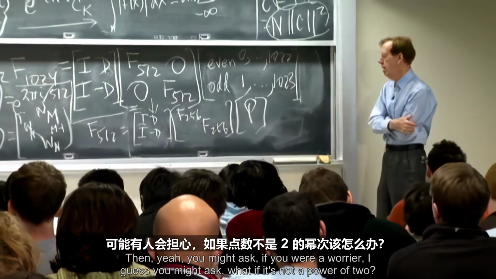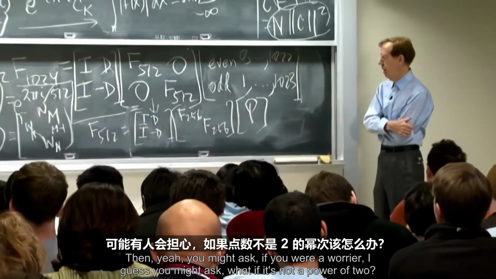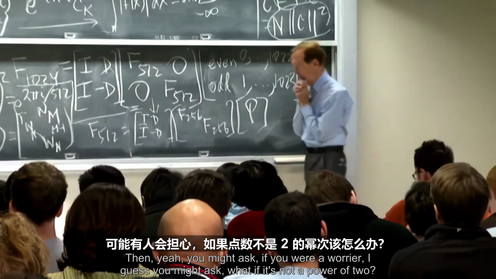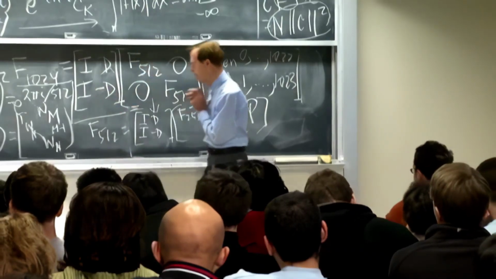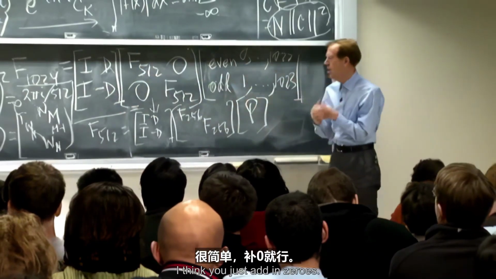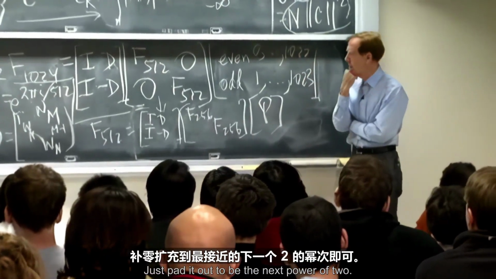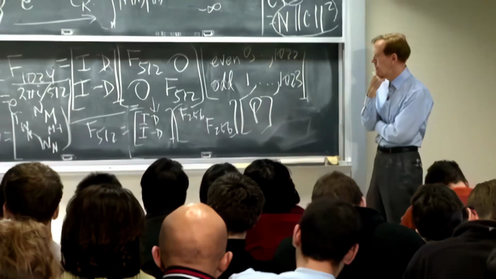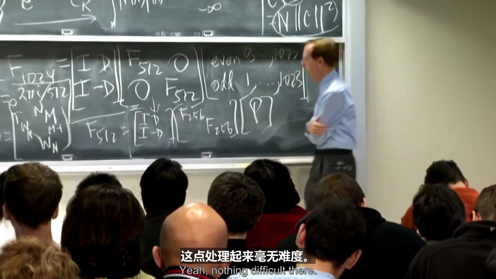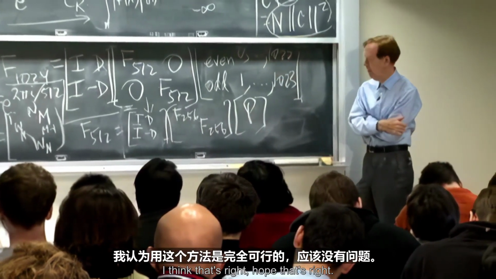Then, you might ask, if you were a worrier, what if it's not a power of 2? I think you just add in zeros. Just pad it out to be the next power of 2. It's nothing difficult there. I think that's right. Hope that's right.